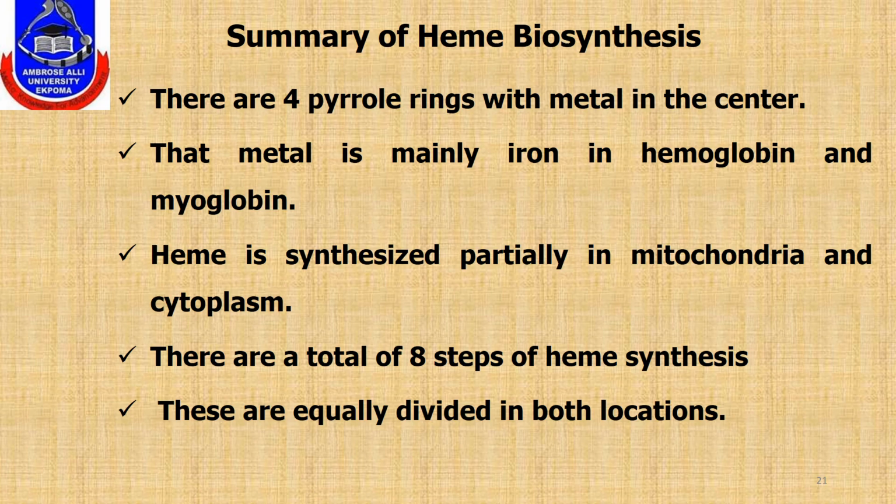Heme is synthesized partially in the mitochondria and also partially in the cytoplasm. There are 8 steps in total in the biosynthesis of heme. These 8 steps are equally divided at the 2 locations.